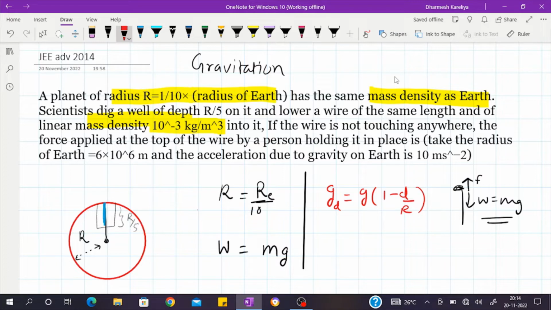Now the question is, while calculating mg for this wire, the problem is the wire is not a point mass. So what we have to do here is cut that wire into small pieces.